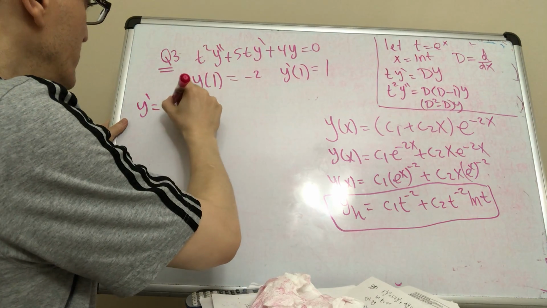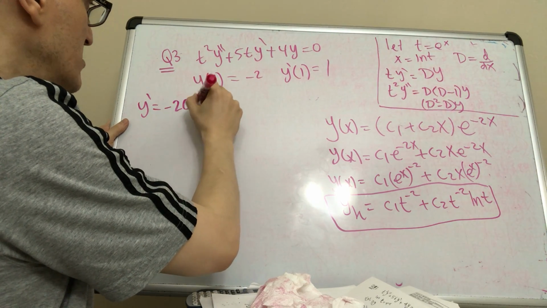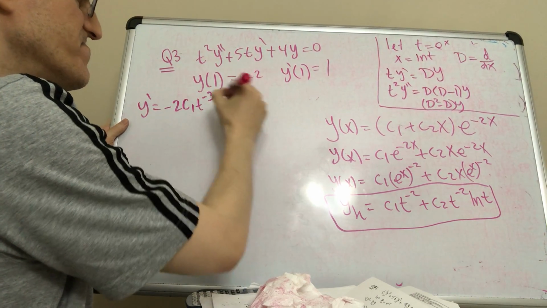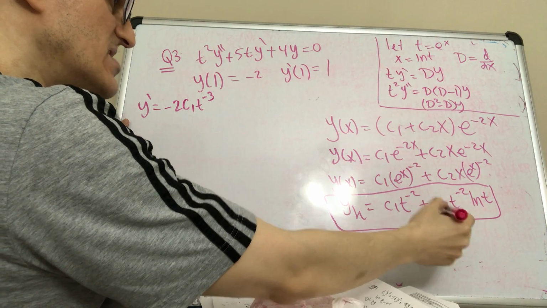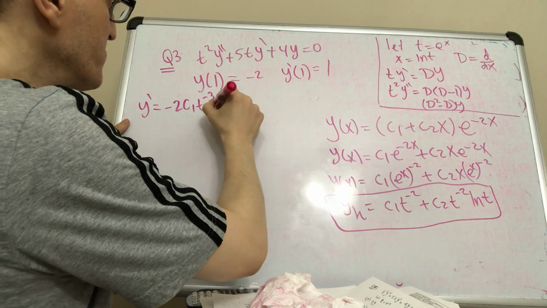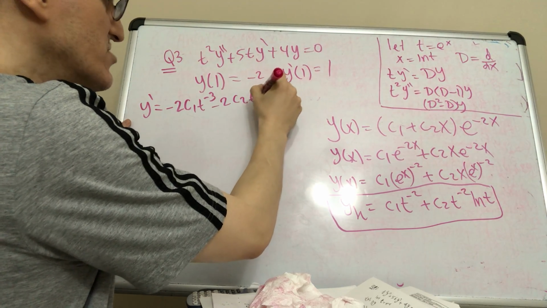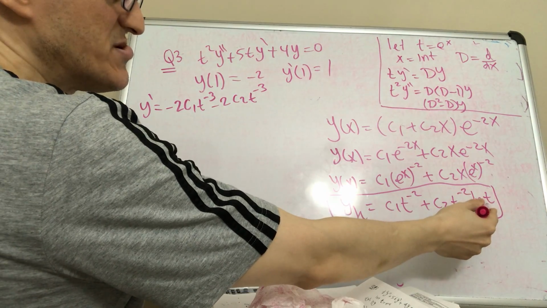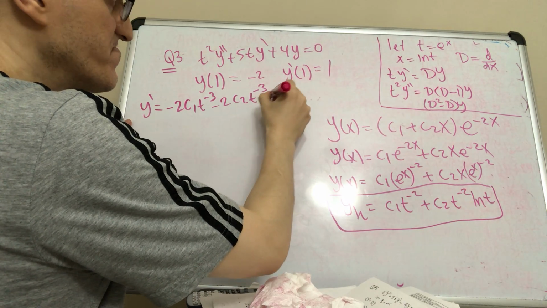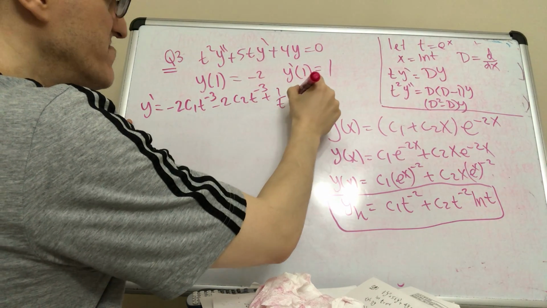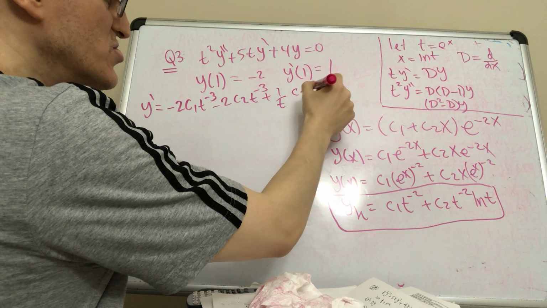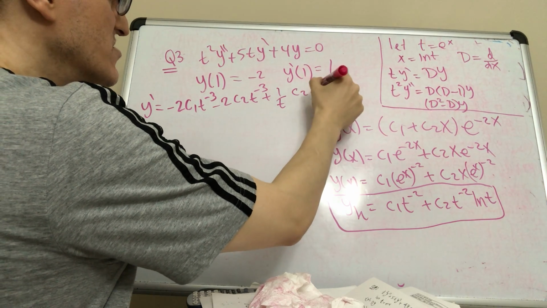Derivative of this would be minus 2c1t to the minus 3. And this one, product rule, minus 2c2t to the minus 3. And derivative for the second one, 1 over t, c2t to the minus 3.